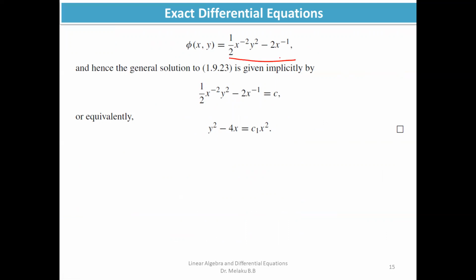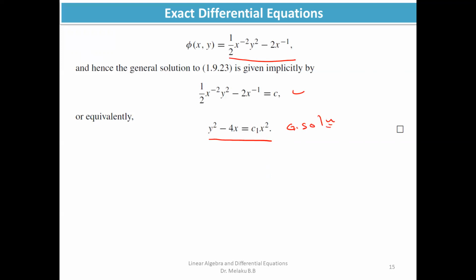This is the potential function, and the general solution is given by equating the potential function to a certain constant c. Therefore, upon rearranging, you can write the general solution as y squared minus 4x equal to c1 x squared. So this is the general solution.